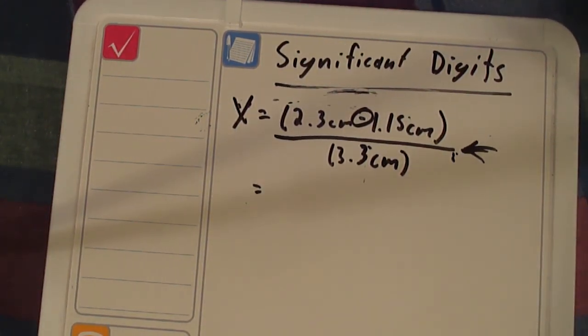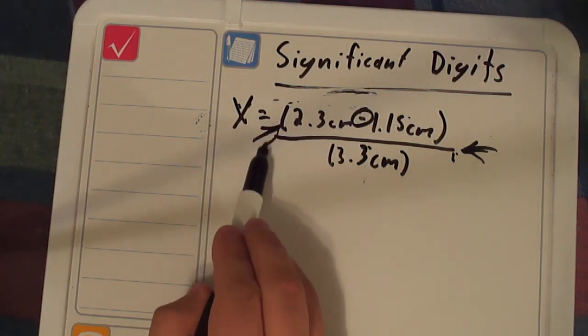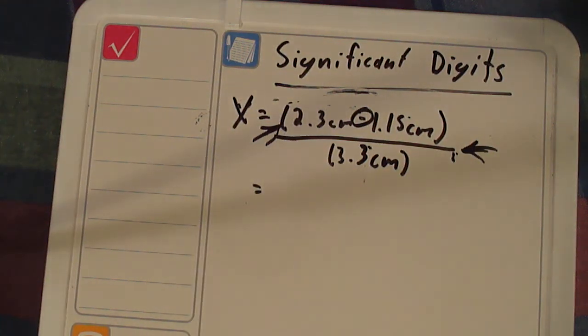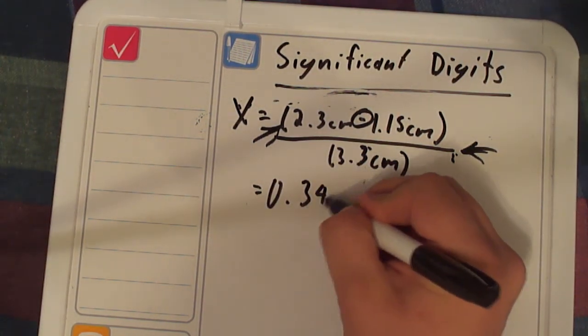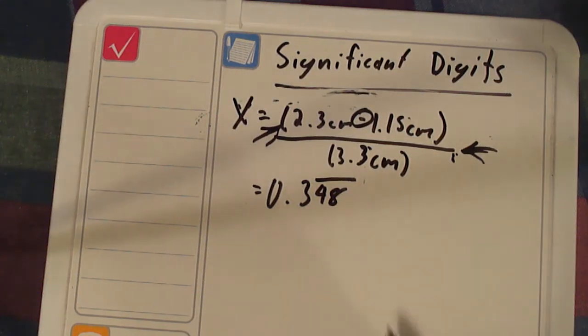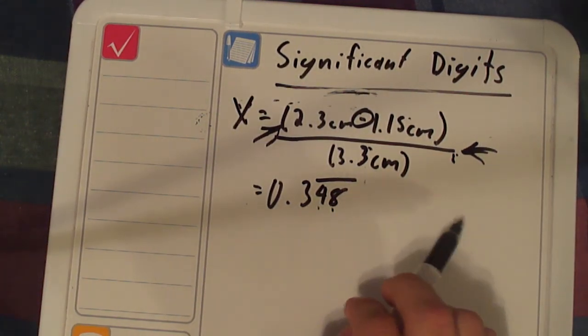2.3 minus 1.15. Always remember, do what's in the brackets first. Brackets are more important, unless you have exponents. Exponents are more important than that. Then you divide that by 3.3. You get 0.348 repeating, which means there's 348, 48, 48, 48.